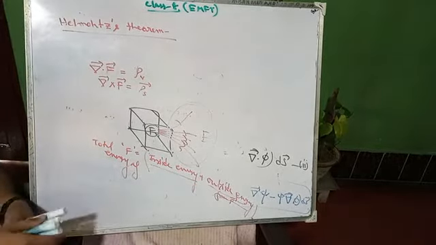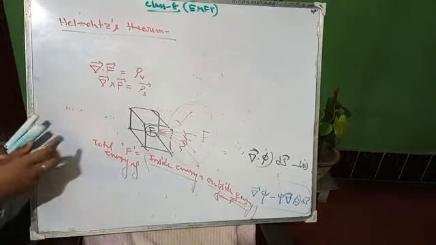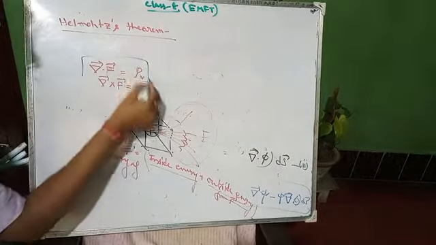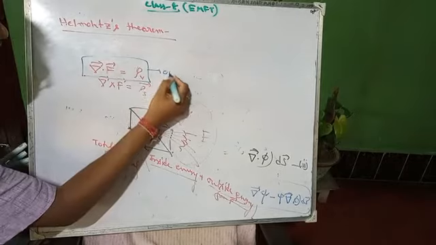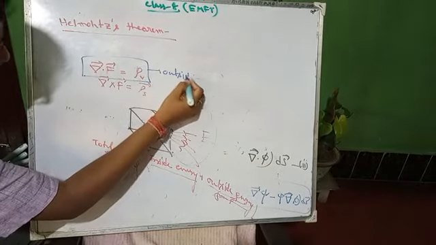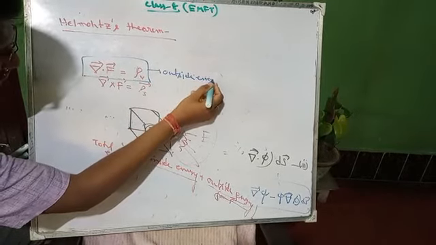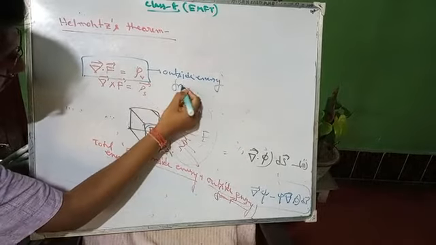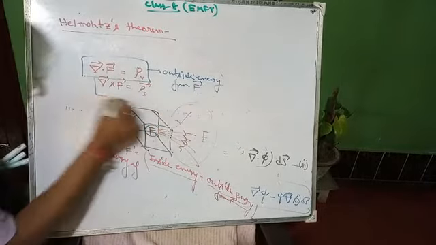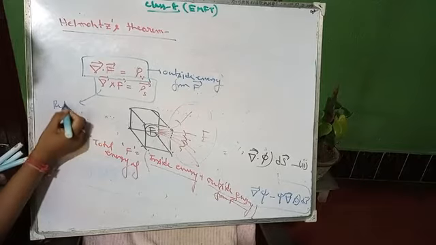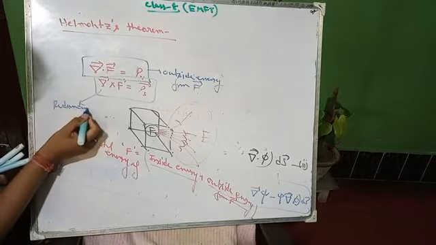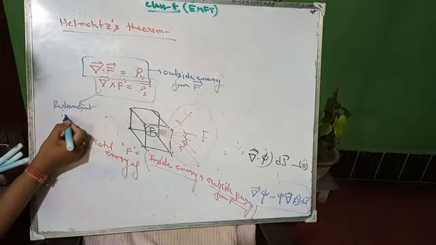Similarly, this term, the divergence of F, means the outside energy from the F vector, and this one is the redundant inside energy.